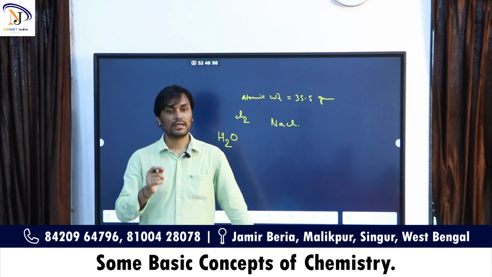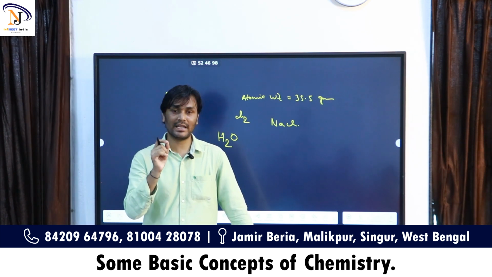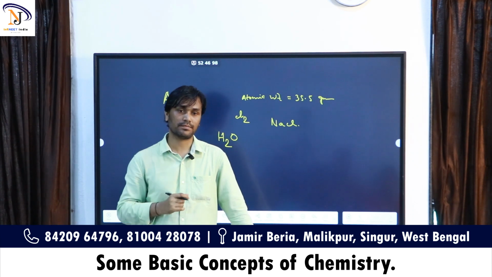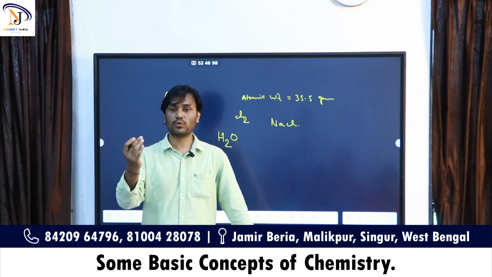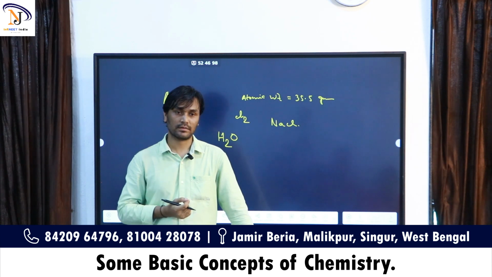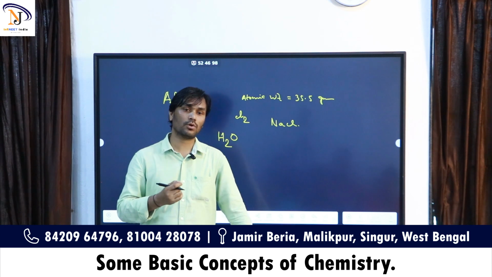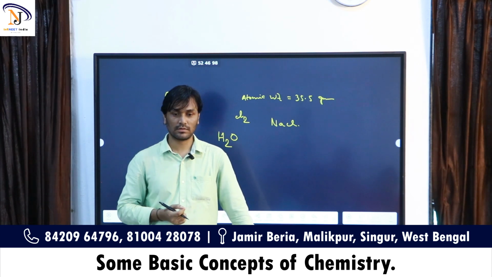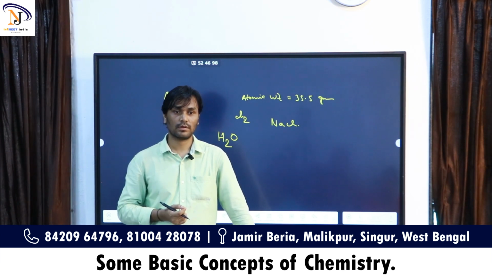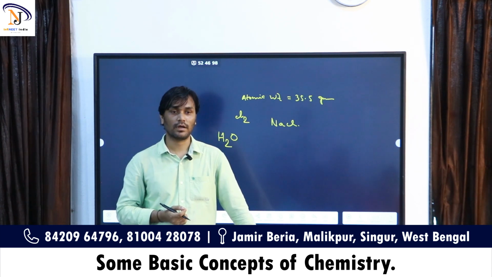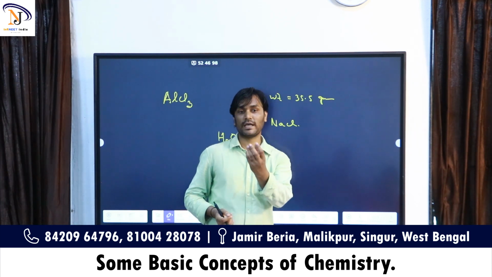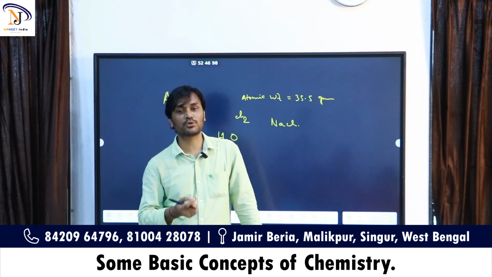Now the question is, its last shell electron number is 6. Why are 2 electrons taken there? To reach the octet, but it can also release the 6 electrons. Actually, the number of electrons needed here is very low, only 2.